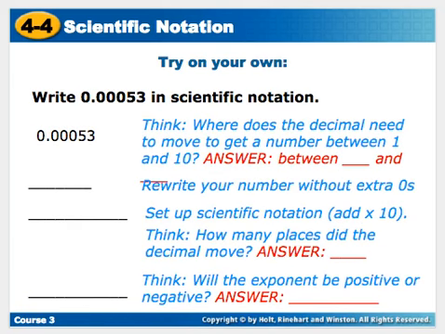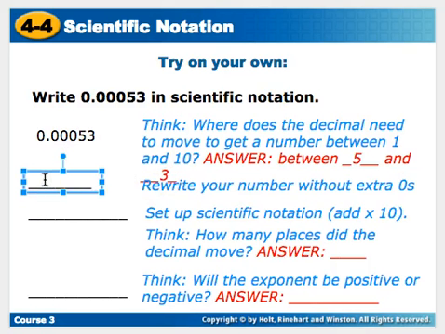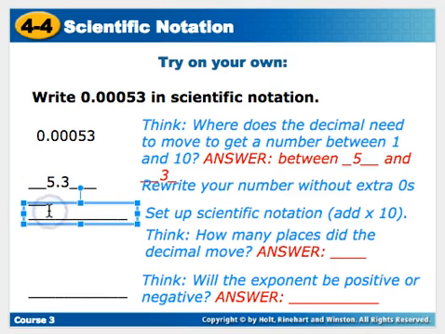So you would work through this next problem in the same manner. Where does the decimal need to move to get the number between 1 and 10? So your answer would be what? Between the 5 and the 3. Then, of course, you'd write the number without the zeros. And then you set up the scientific notation. Now you need to think about how many places the decimal point moved.